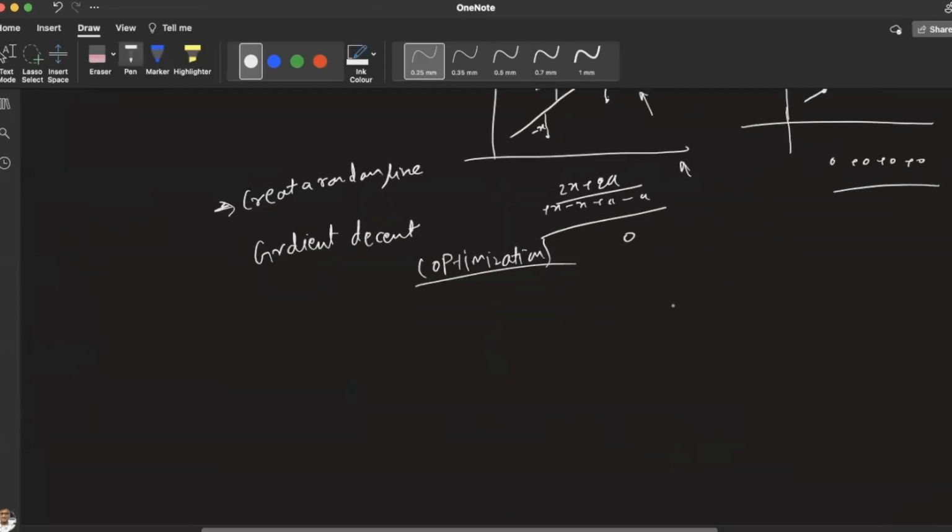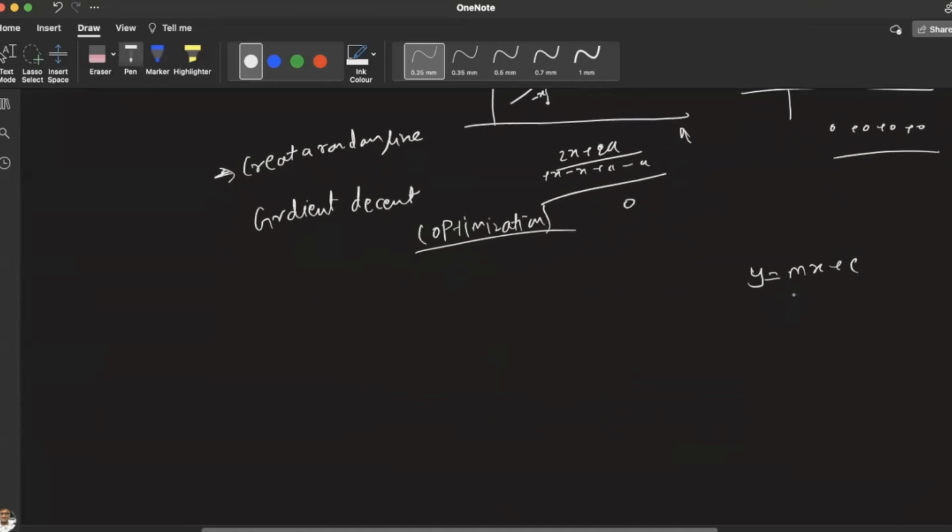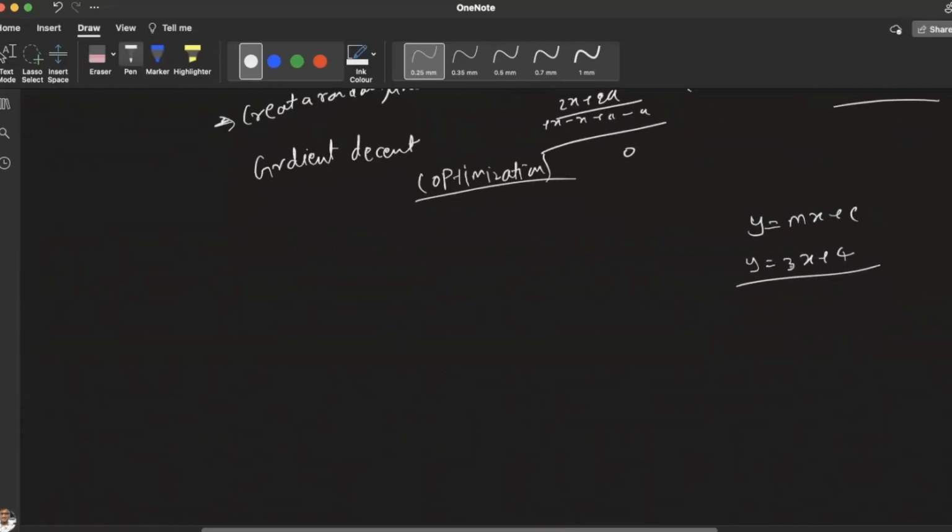So remember, the equation of a line is what? y equals mx plus c, or ax plus b, you can also say. If you have some value of m and some value of c, say y equals 3x plus 4, this is an actual line on the plane. We actually randomly choose the line for this.